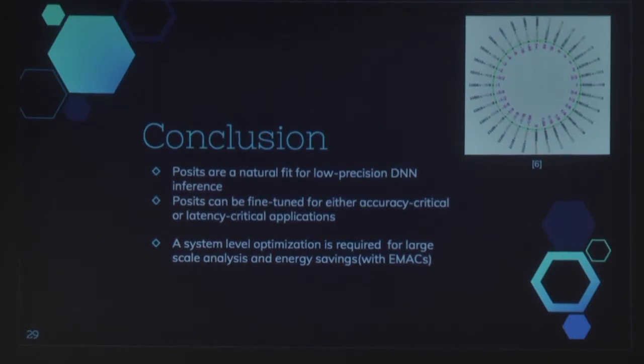Depending on what you want on the edge, whether it's an accuracy critical task, a latency critical task, or an energy critical task, I think posits can be fine-tuned to achieve the task. We need to do a lot more optimizations on the EMAC implementation to do further extensive analysis on this. Thank you.